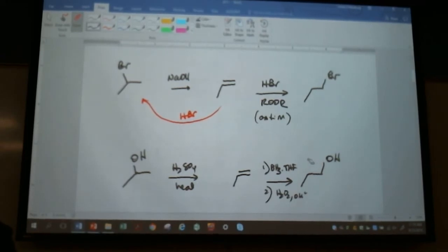And again, if I wanted to go back this way, I could do an oxymercuration demercuration, Markovnikov conditions.